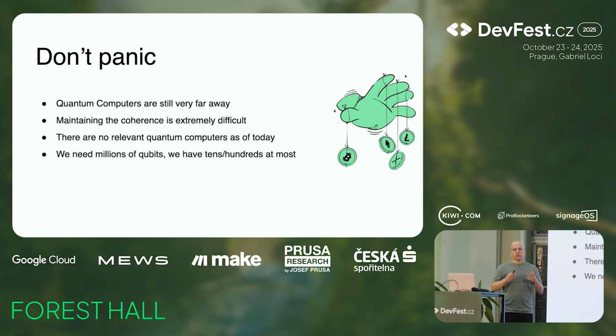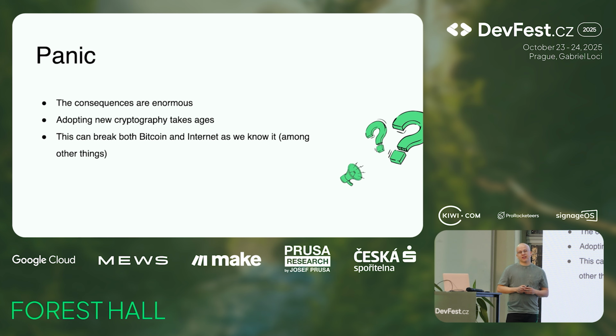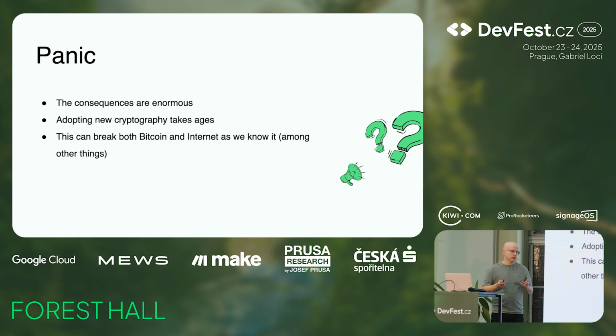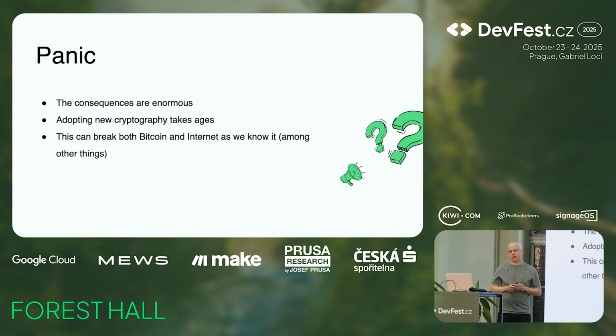So I just want to illustrate that we don't have to panic, because we're just not there yet. That being said, the consequences of such an event happening, meaning someone would have a quantum computer, are enormous, right? It is something that would really break the internet and modern society to some extent, and the impact is simply huge and should not be underestimated.